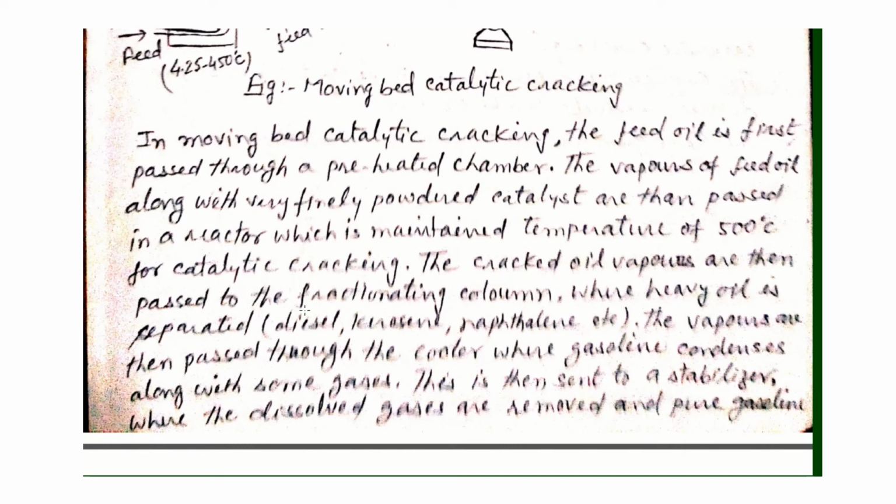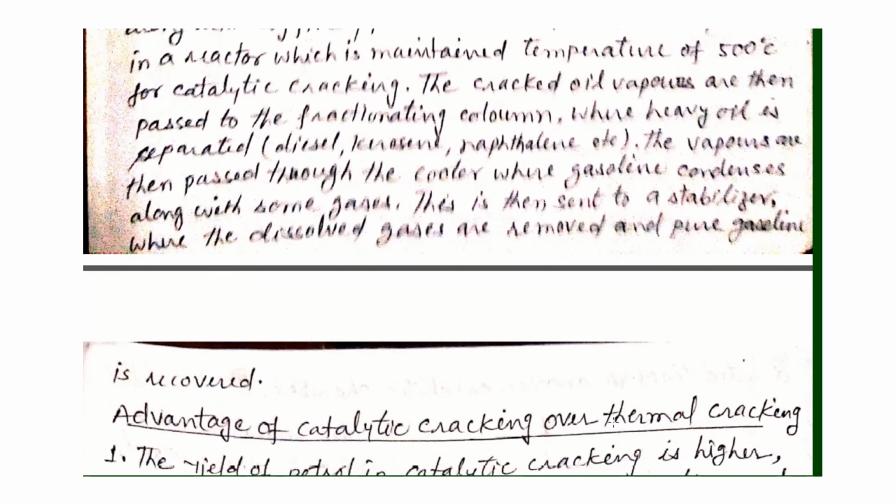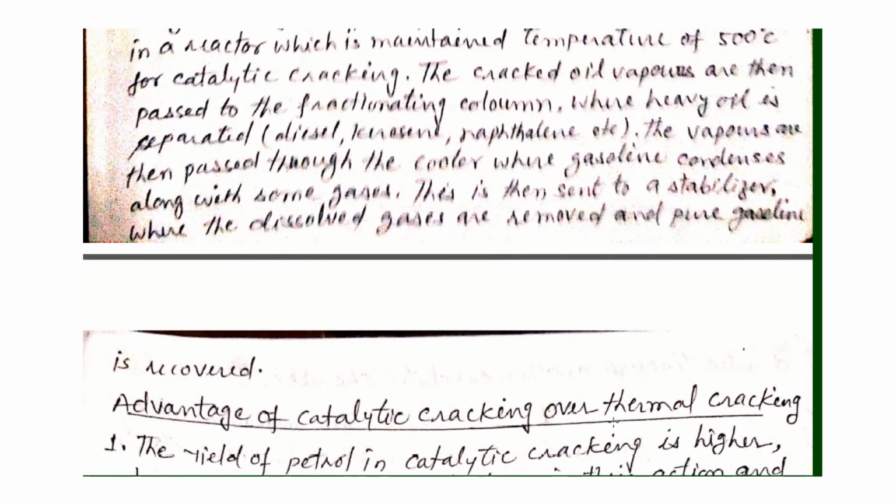The cracked oil vapors are then passed to the fractionating column where heavy oil is separated, along with diesel, kerosene, naphtha, etc. The vapors are then passed through the cooler where gasoline condenses along with some gases. This is then sent to a stabilizer where the dissolved gases are removed and pure gasoline is recovered.